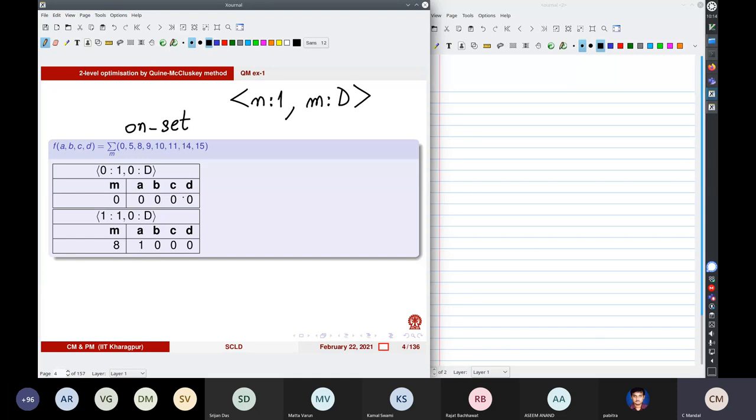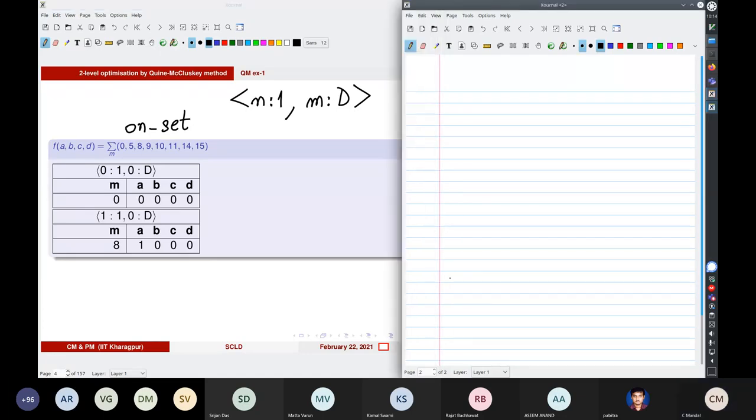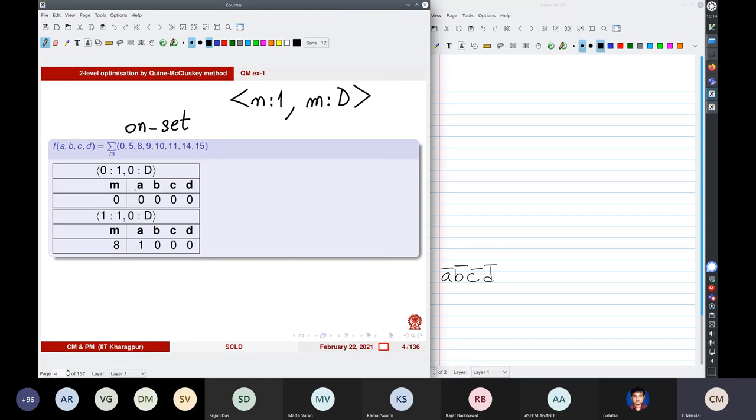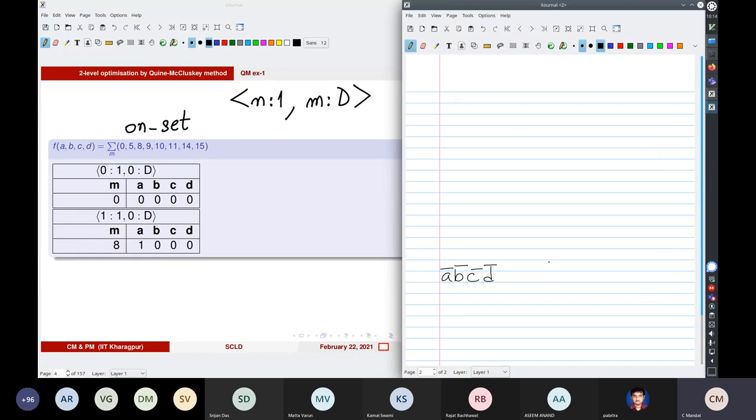All the bits in this min term, the min term is a bar, b bar, c bar, d bar, right? So as you can see, the number of ones is 0. So any cube adjacent to this must have exactly 1 one. So here we have 8. 8 is a, b bar, c bar, d bar, right?